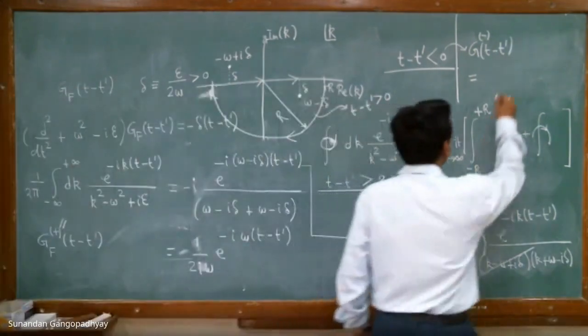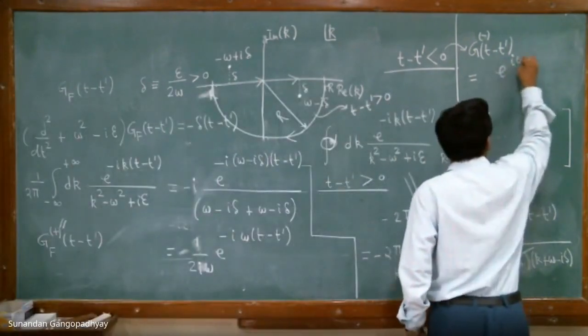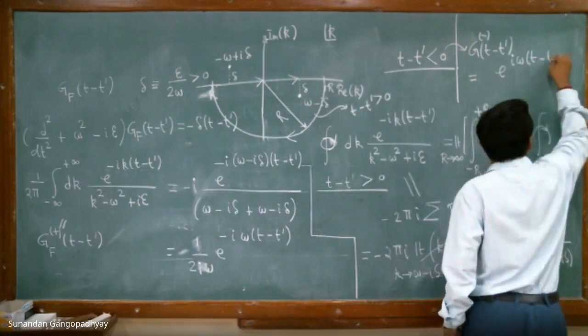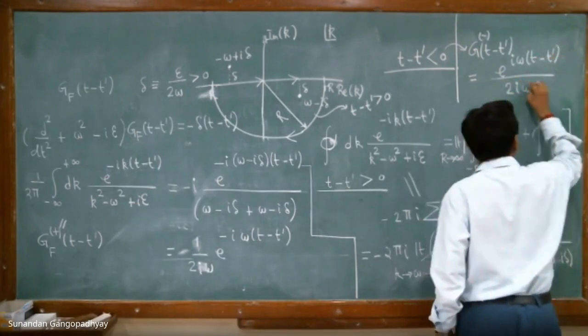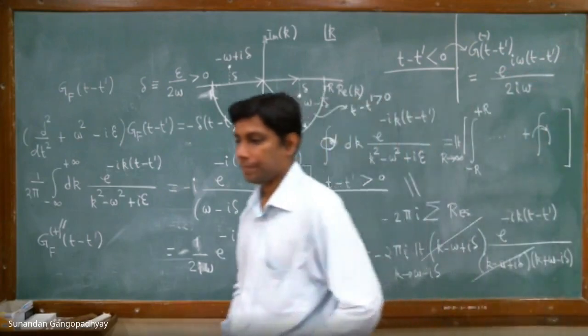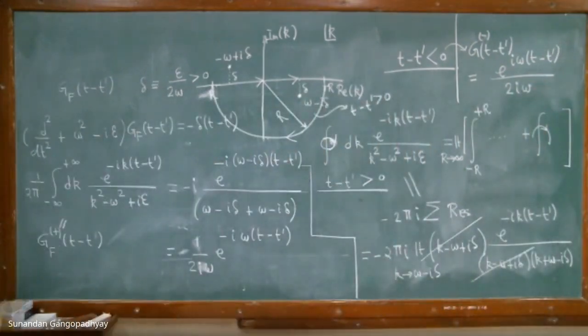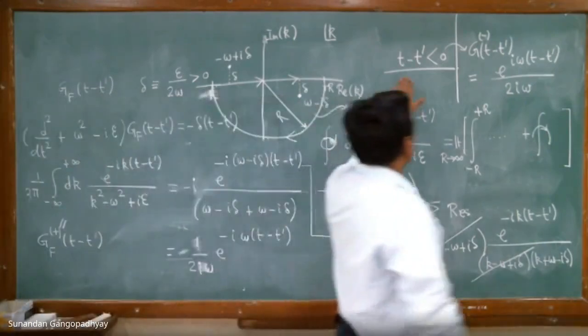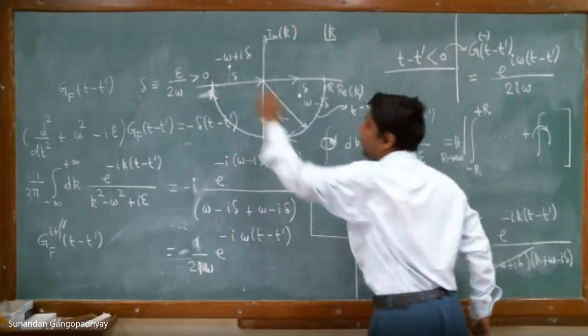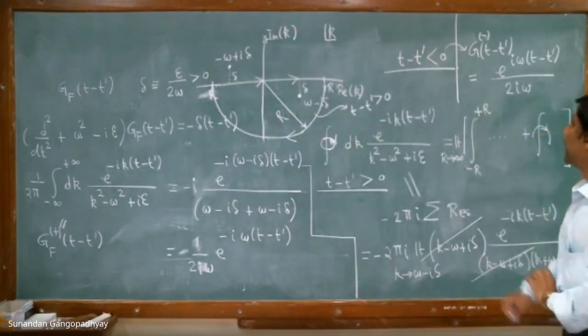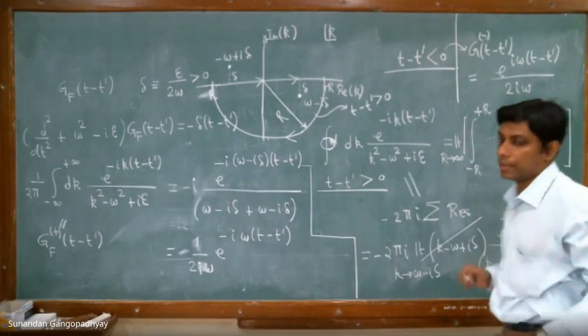This will be e to the power of I omega t minus t prime by 2I omega. Okay? Please check this, that in this case you have to close the contour in the upper half plane, and if you do the calculation, you will get this result.